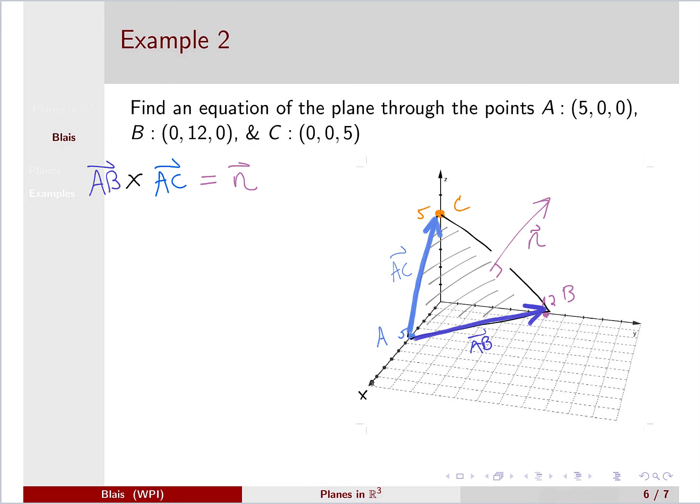So the first thing we need to do is create these vectors. So AB, that's the vector starting at A and ending at B. So we subtract the respective entries of A from the entries of B. So 0 minus 5, 12 minus 0, and 0 minus 0.